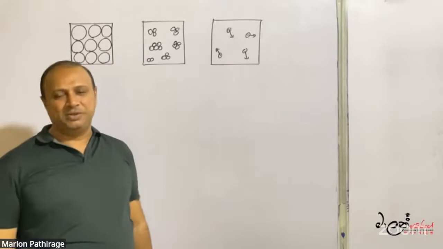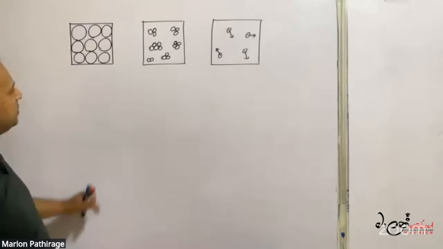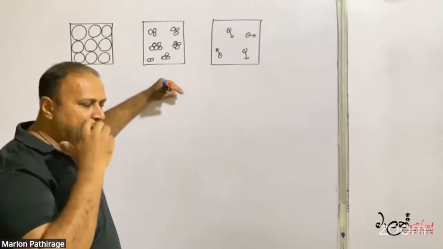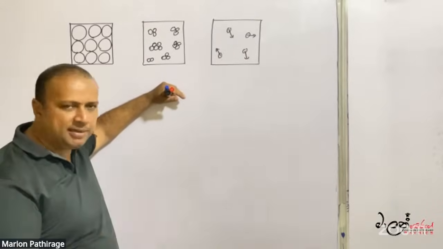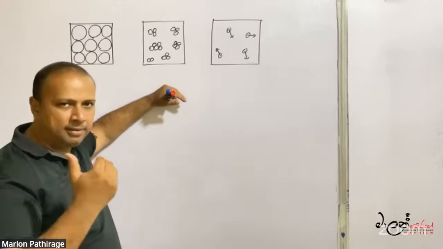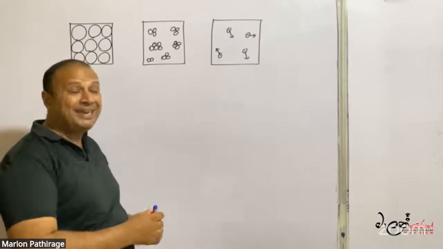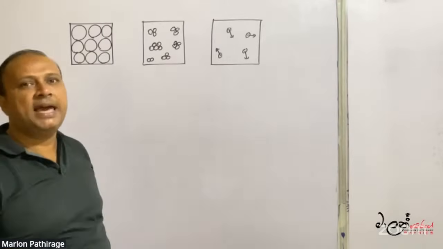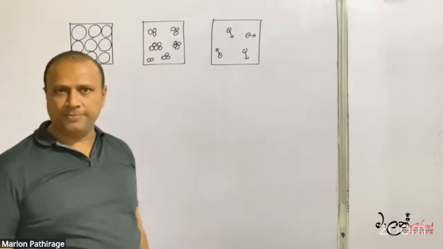So that is absolute zero. Okay. So according to this explanation, if the temperature is higher than absolute zero, then definitely there will be kinetic energy inside the object. Okay.